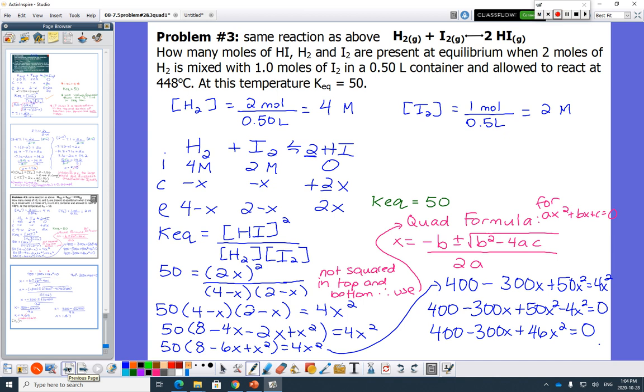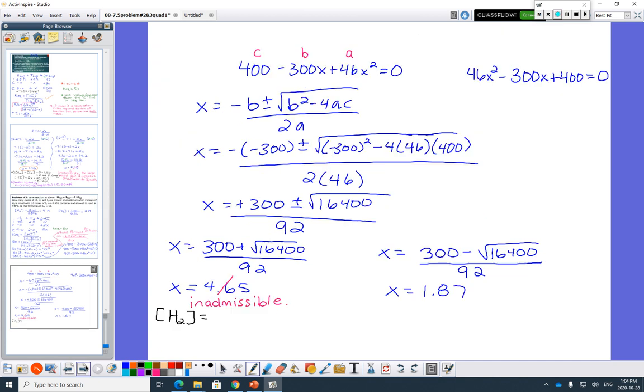I'm going to plug in the X, and I'm going to change it into moles. But this time, none of them are the same, so you have to do it 3 times.